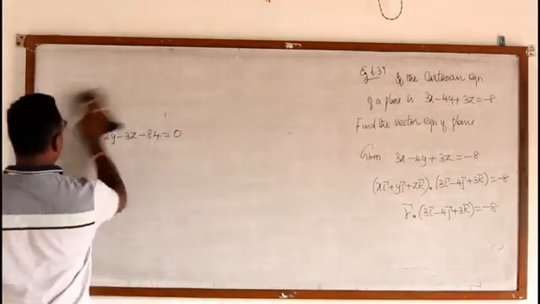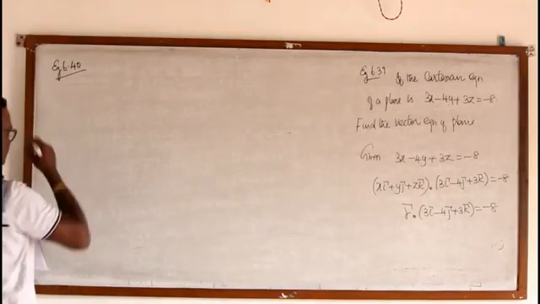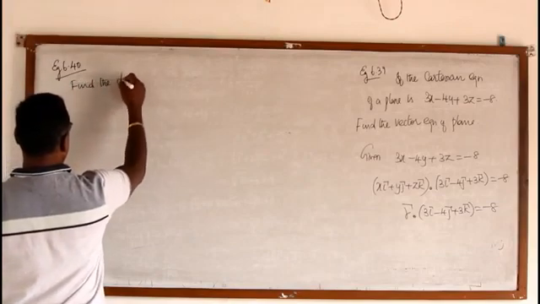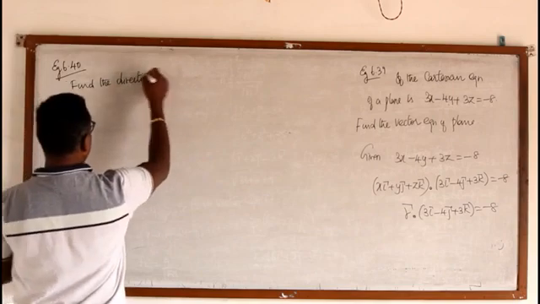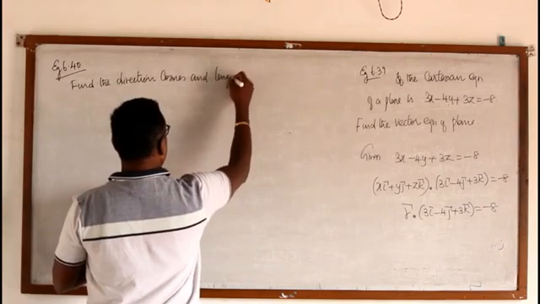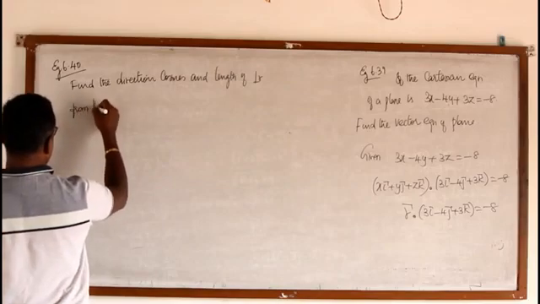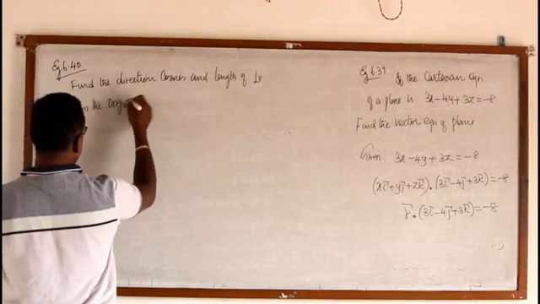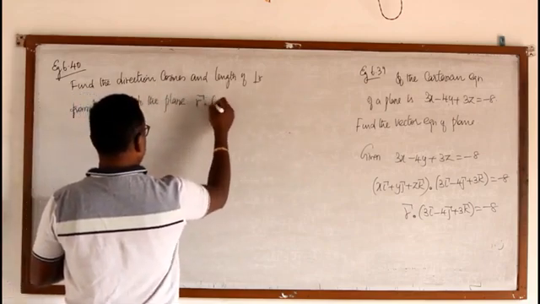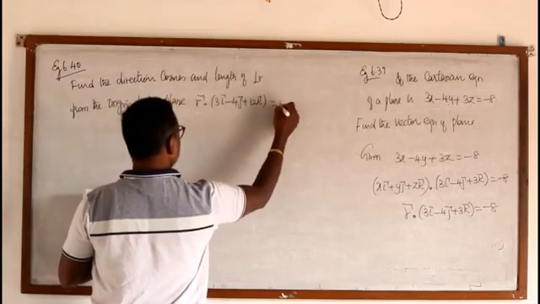Example 6.40. Find the direction cosines and length of perpendicular from the origin to the plane r dot 3i minus 4j plus 12k equal to 5.